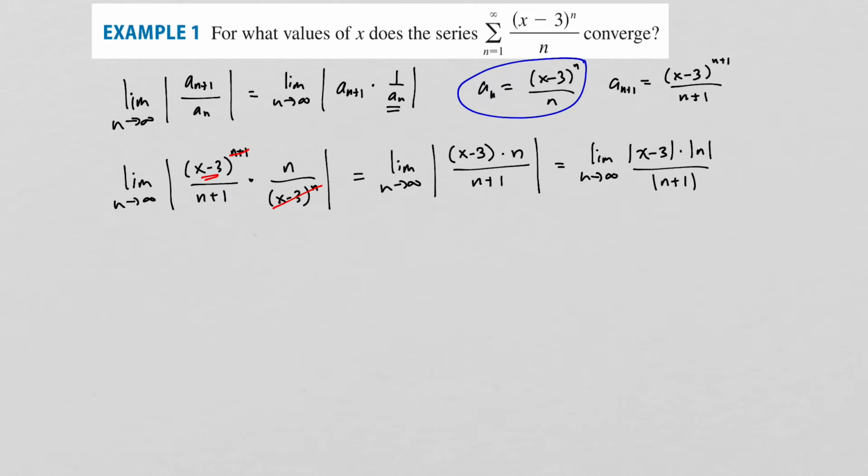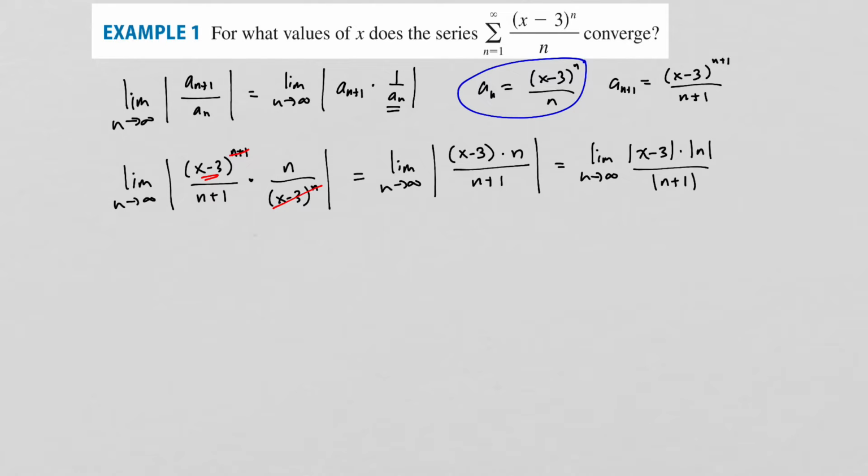Now, of course, the absolute value of n is just n because n is going to infinity, so it is already positive. And the absolute value of n plus 1 is just n plus 1. So really the absolute value only needs to stay on x minus 3 because, again, x is a variable and we don't know what values x can be yet.